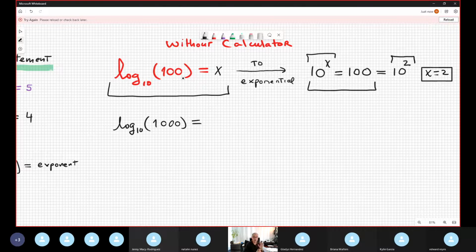Gladys says 3. So, according to the rule of Gladys, it's super easy, because the only thing you should do is count how many zeros. 1, 2, it's 2. And 1, 2, 3, it's 3. Wow, the logarithm is easy, well, easy in this scenario where the base is 10.